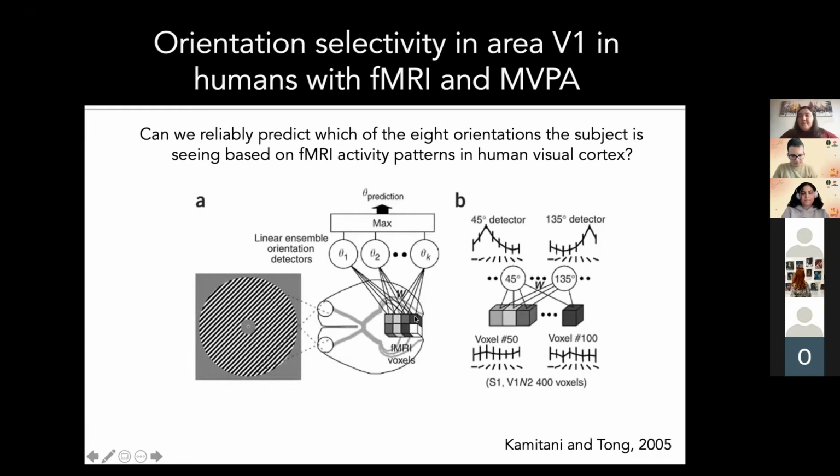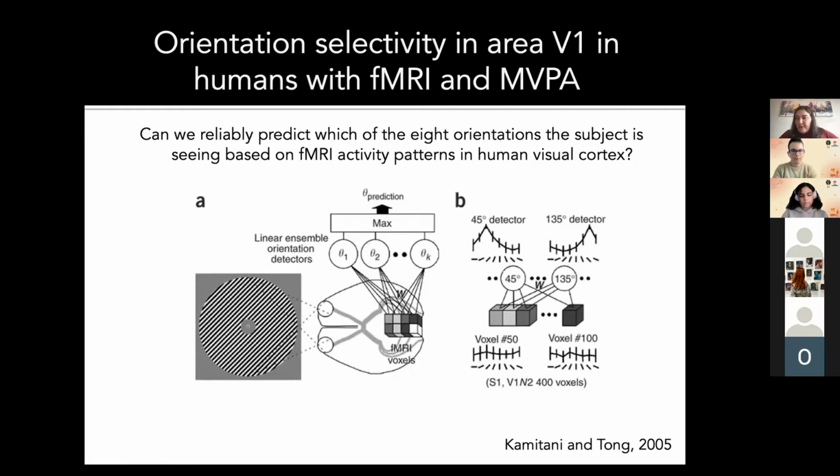Then they train a decoder, a classifier, to learn the patterns of activity that correspond to each of these orientations. And with their test data, they try to predict what kind of orientation the subject is seeing, based on the fMRI data.